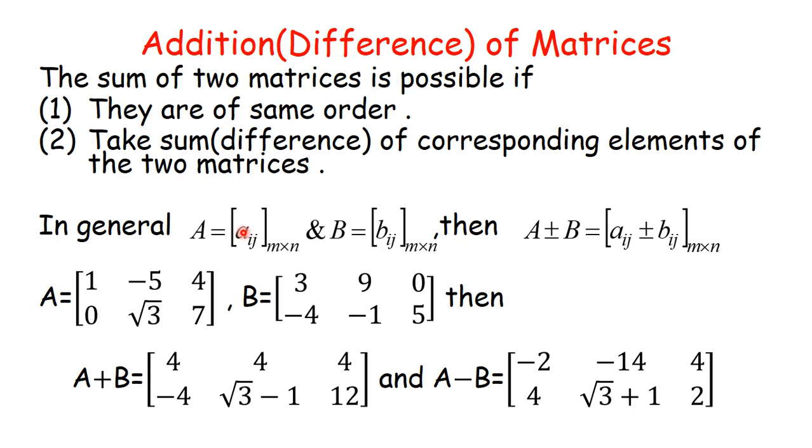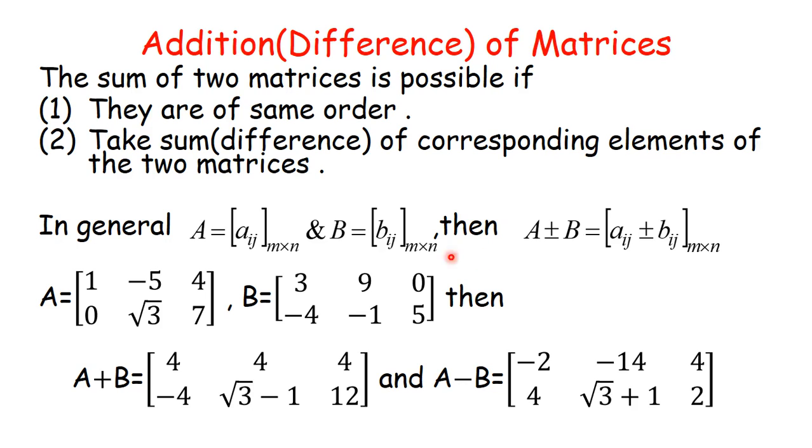So in general, suppose I have a matrix A of order m by n, and matrix B of order again m by n, that means both have the same order. Then the addition or subtraction is taken by adding corresponding elements or by taking the difference of corresponding elements.